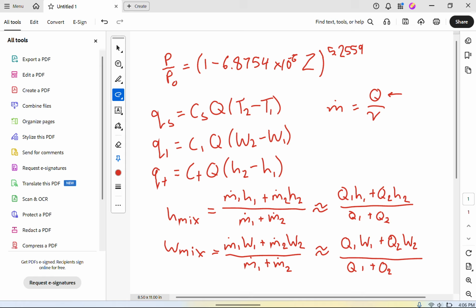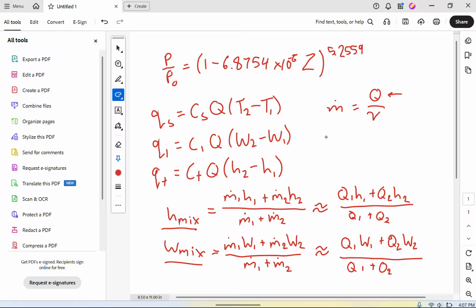So if you're mixing two airstreams, as long as you have two of the values, either enthalpy, humidity ratio, or dry bulb temperature, you can determine the third. So if you have two at state 1, you know the third at state 1, so you can always know H1 and W1 and H2 and W2 as long as you have two pieces of information at each state. You can then determine H mix and W mix.